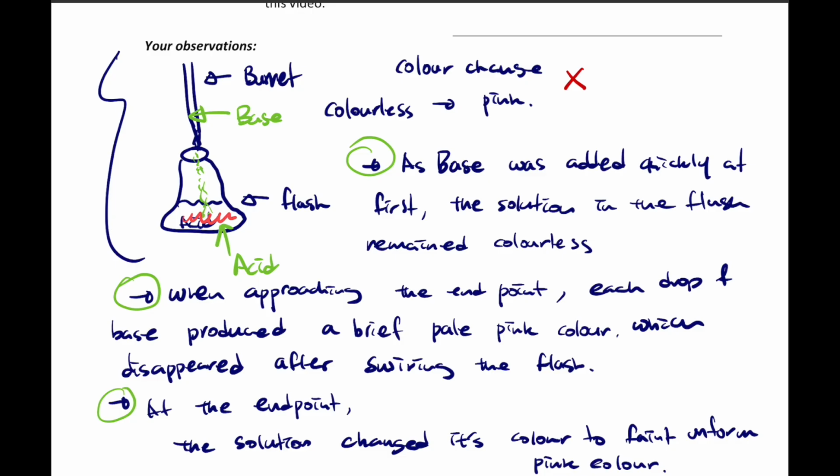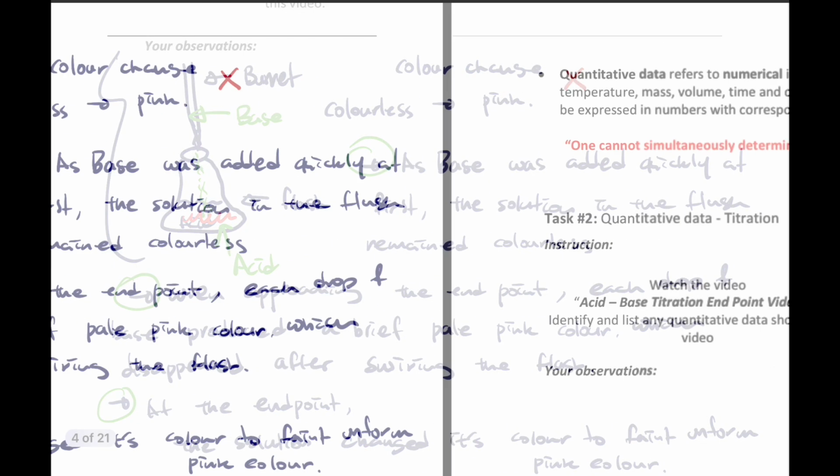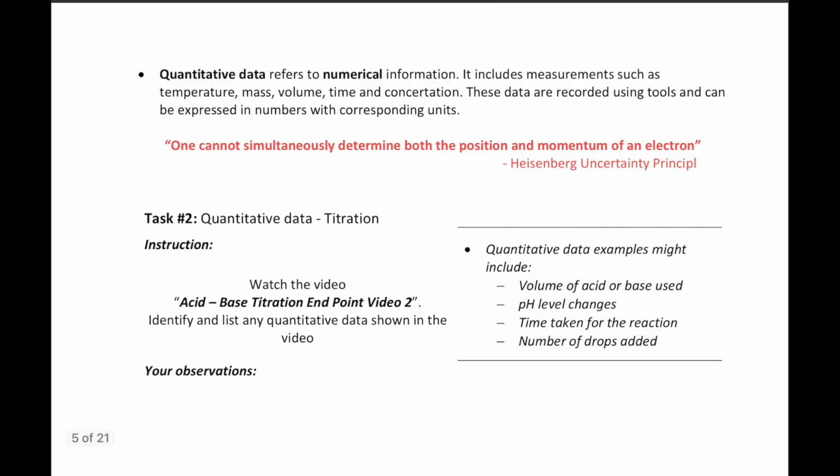So three different steps. Then let's talk about the quantitative data. So quantitative data refers to numerical information. So any measurement you make is considered as the quantitative data. Such as temperature, mass, volume, time, and concentration. And these data are recorded using tools and they can be expressed in numbers with corresponding units.